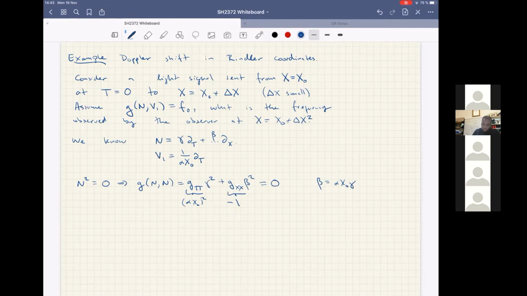If I also insert the following, that v1 in a product with n should be the frequency f0, that gives me directly then the value of gamma. So this gives that n is going to be equal to f0 divided by alpha x0 dt plus f0 dx at x0.